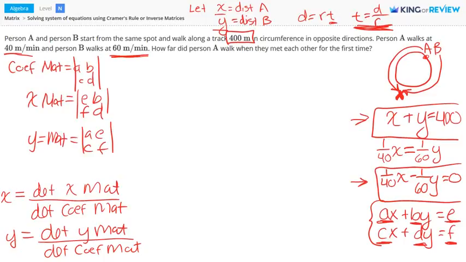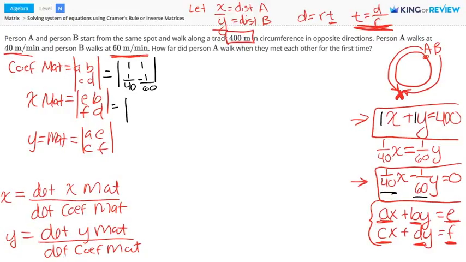So now let's insert our specific entries into these matrices. So what are the coefficients here? Well, this is a 1, this is a 1, then we have 1 over 40 and negative 1 over 60. That is our coefficient matrix.